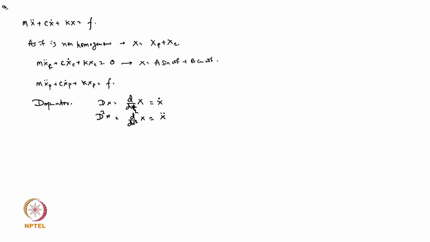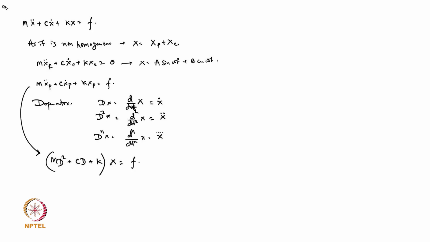So in this way, D^n of x equal to d^n/dt^n of x, that will be x with n number of dots. So we can write this form as m D squared plus c D plus k, operating on x, equal to f.